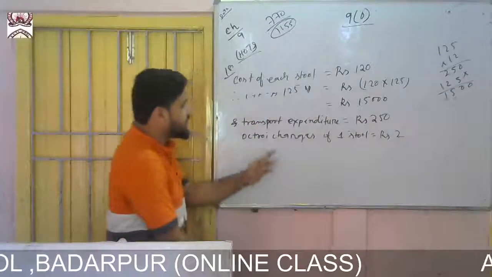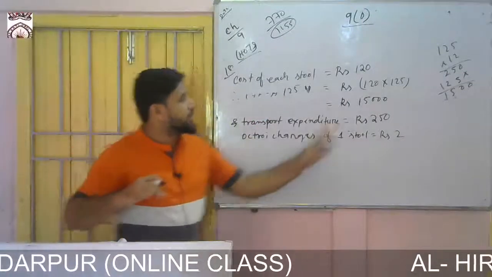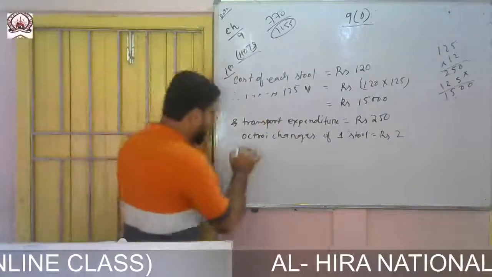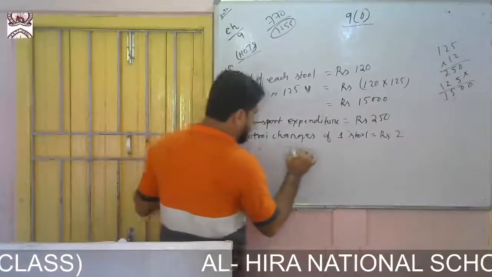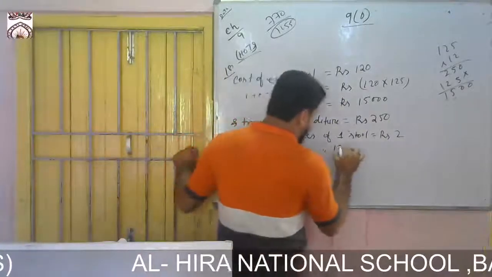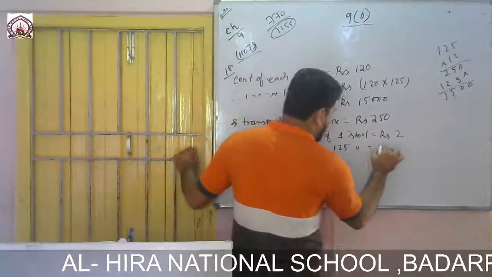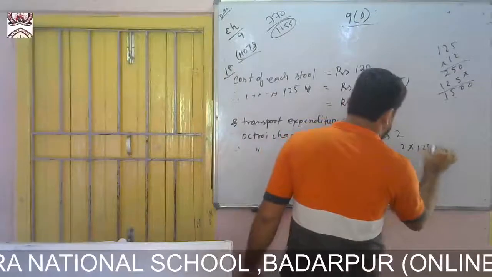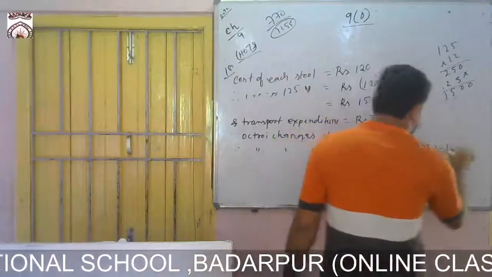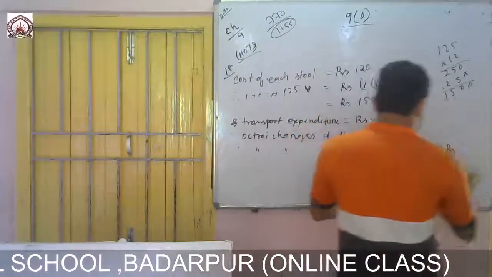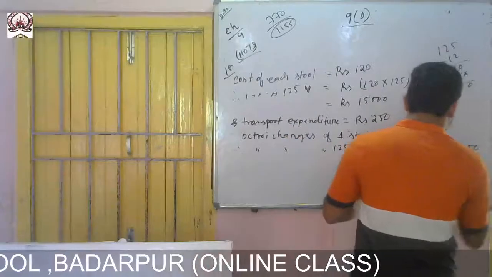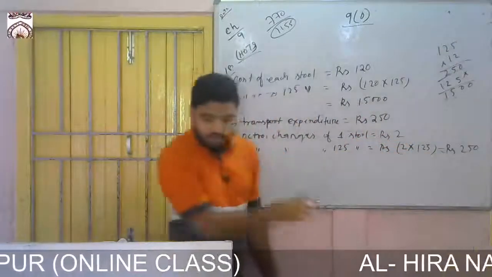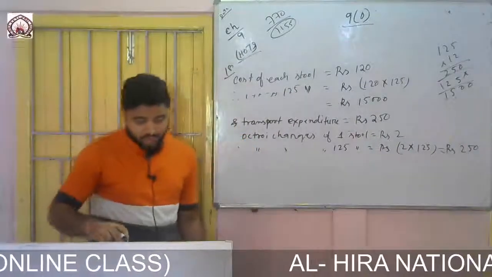Then I need to find the octroi for 125 stools, because there are 125 stools. Therefore, octroi charges of 125 stools will be rupees 2 into 125, which is rupees 250.